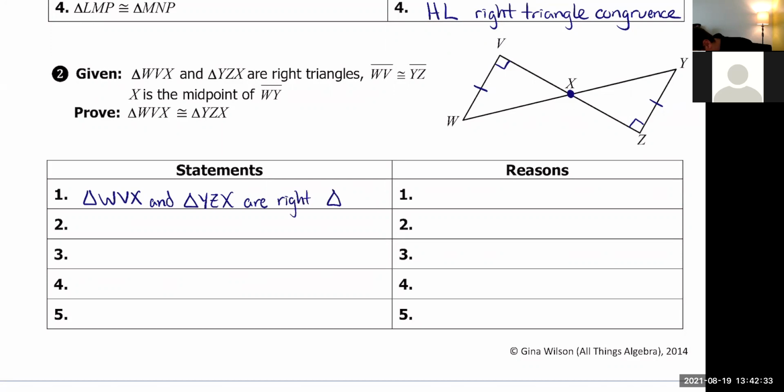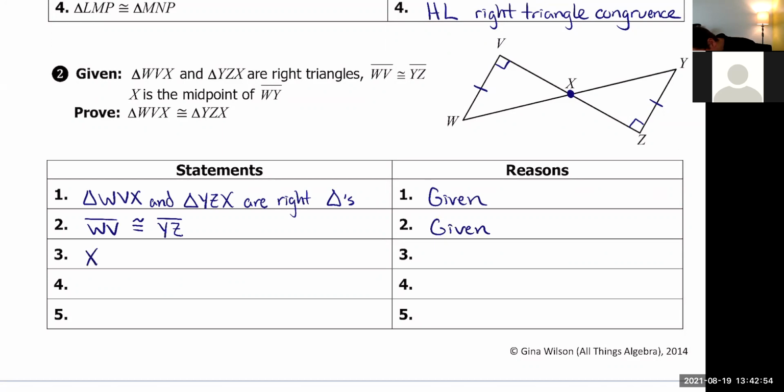I'm going to abbreviate triangles, which is given. WV is congruent to YZ, which was given.